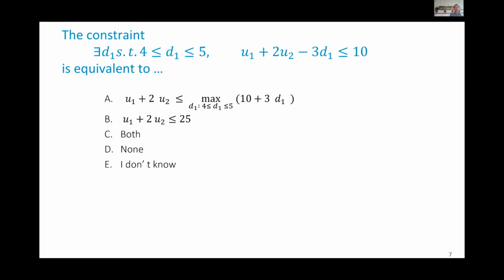Let's continue with a similar quiz as a minute ago. If we now replace the constraint by there exists instead of for all, what becomes the solution of this removal of the quantifier in the constraints?